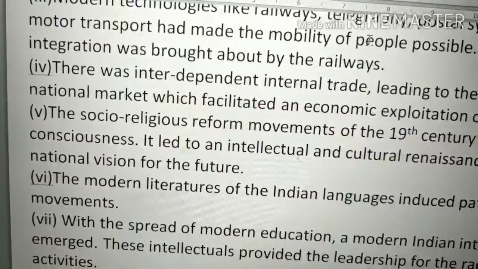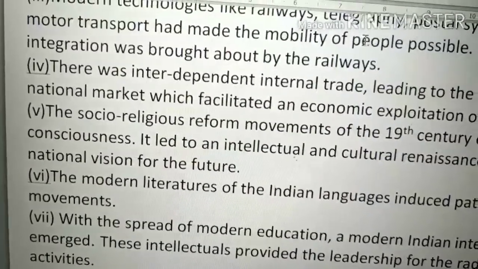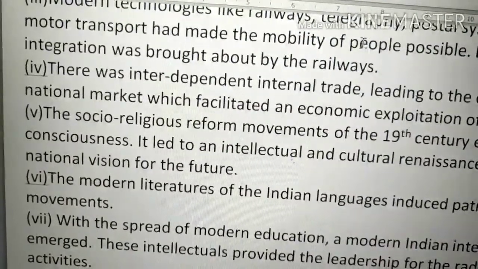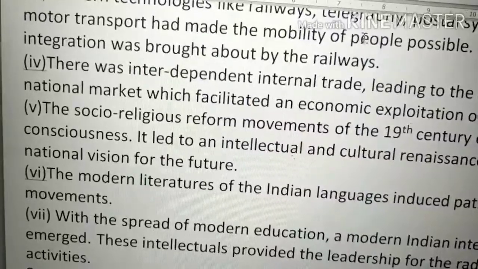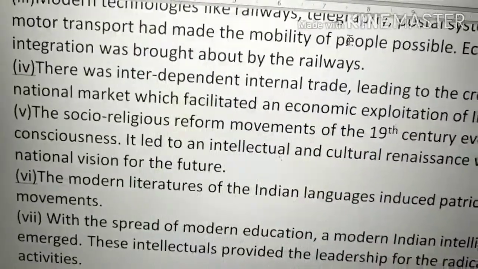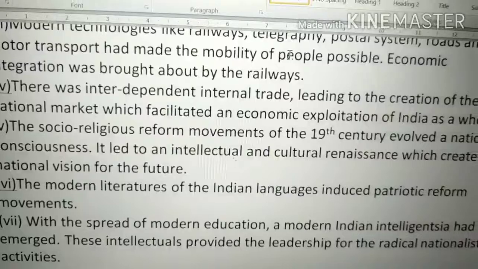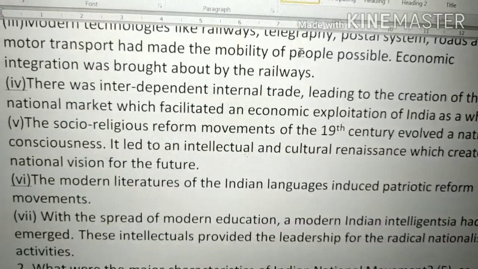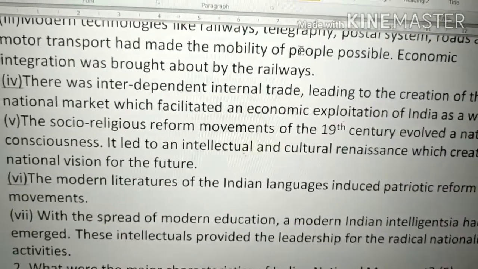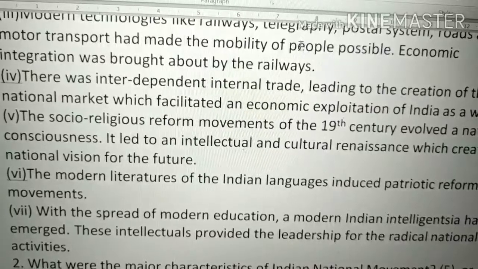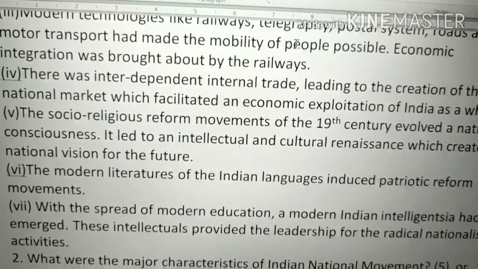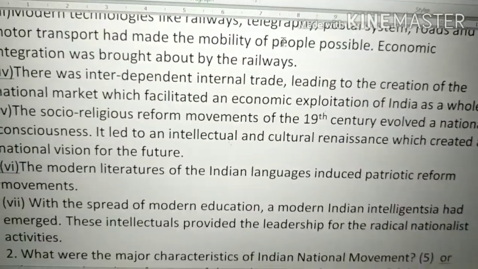Point number 4. There was interdependence, internal trade, leading to the creation of a national market, which facilitated an economic exploitation of India as a whole.